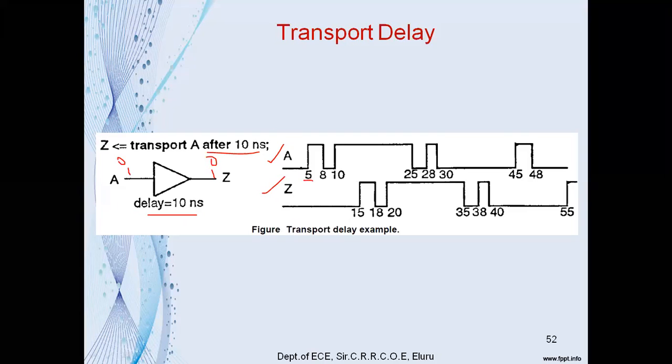At 5 nanoseconds there is a transition from 0 to 1, and at 8 another transition from 1 to 0, and at 10 there is another transition from 0 to 1, at 25 1 to 0. And now see the output signal here. The output signal has a change with the 10 nanoseconds delay here.